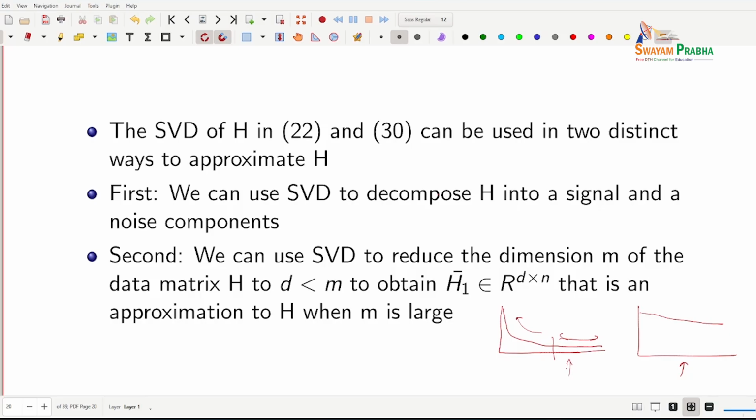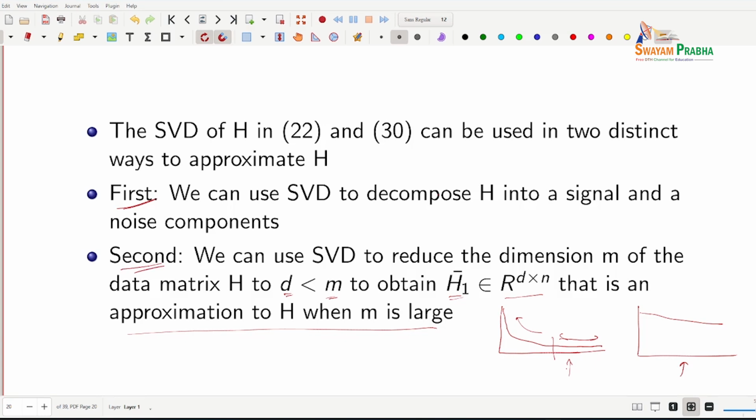Second, we can use SVD to reduce the dimension m of the data matrix to D, where D is less than m. That means I am going to replace H by H1 bar, which is going to be D by n, that is an approximation to H when m is very large. So, look at this now. There are two advantages. One is separation of signal from noise.